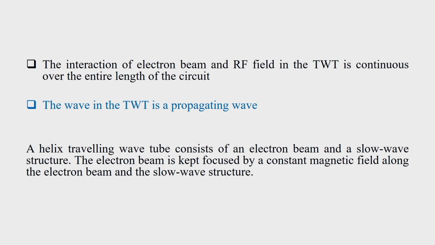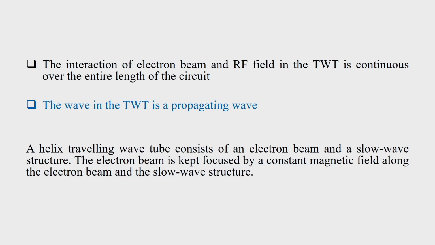Now, TWTs also come in different forms. We will discuss the basic TWT configuration, which is a helix TWT. The electron beam is kept focused by a constant magnetic field along the electron beam and the slow wave structure.